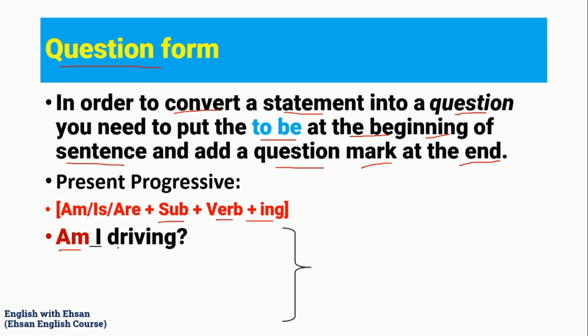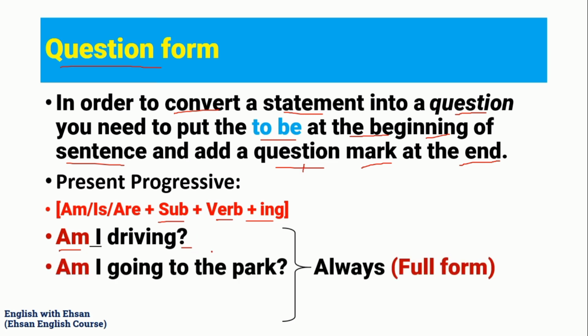Am I driving? We bring the verb "am" to the beginning, and our sentence changes to a question. Here we have another sentence. Am I going to the park? It's always in full form. Am I reading?